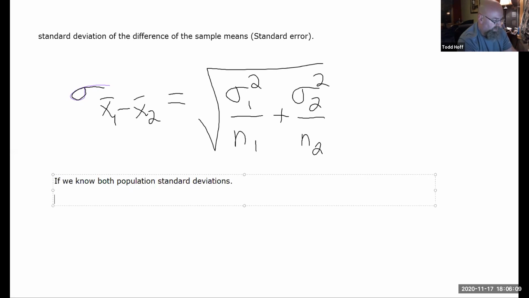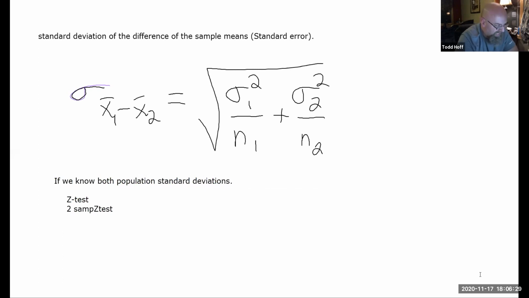And of course, if we know both population standard deviations, it's going to be a z-test. In fact, on the calculator, they call it a two-sample z-test or 2-SampZTest, because it's two samples to test the difference between two population means.